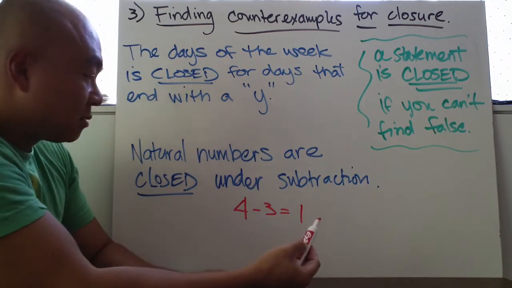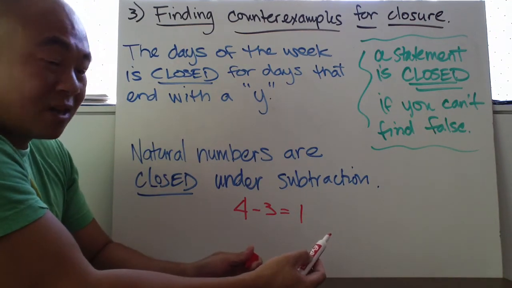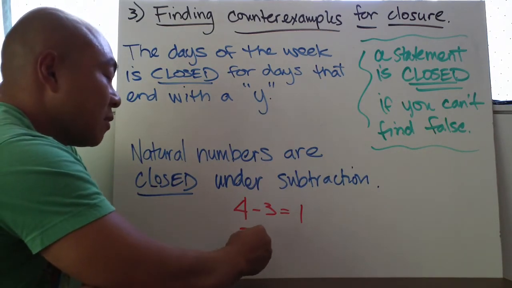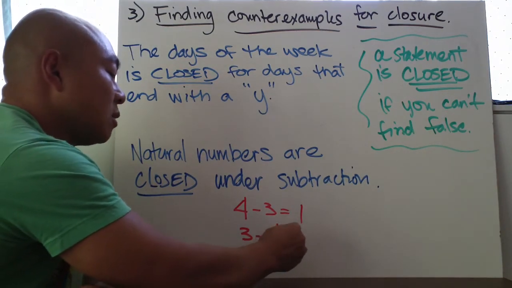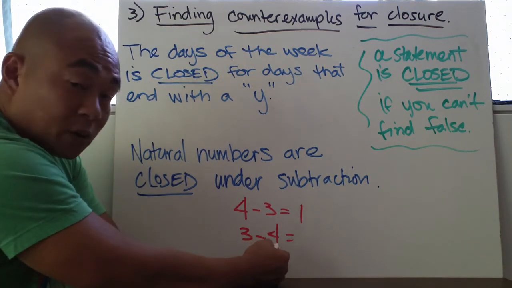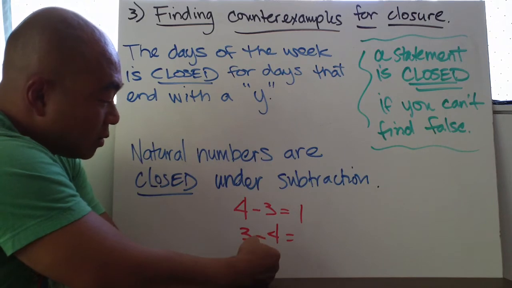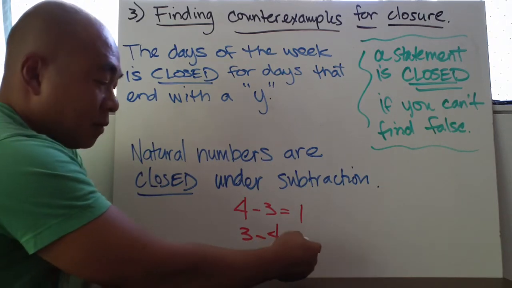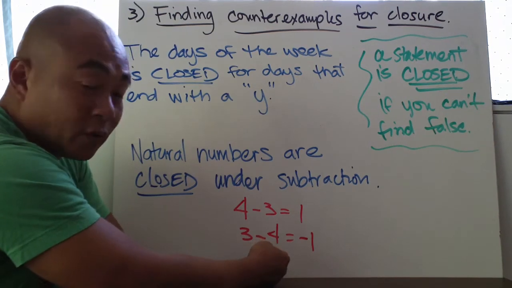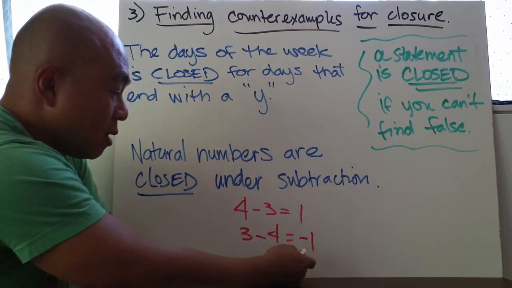But what if I took any other counting numbers? I just want something to be false. So how about I just reverse that? 3 minus 4. Well, that's a counting number, that's also a counting number, and I'm subtracting them. So 3 minus 4 actually gives me negative 1, if you can remember what we did for subtraction rules for integers.